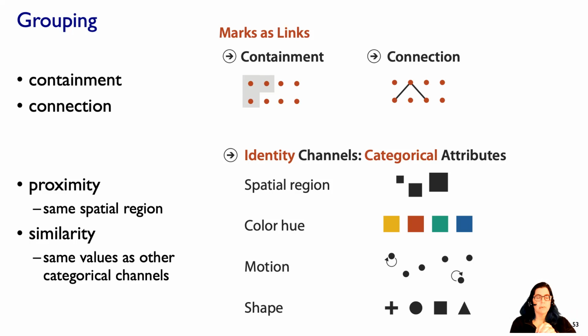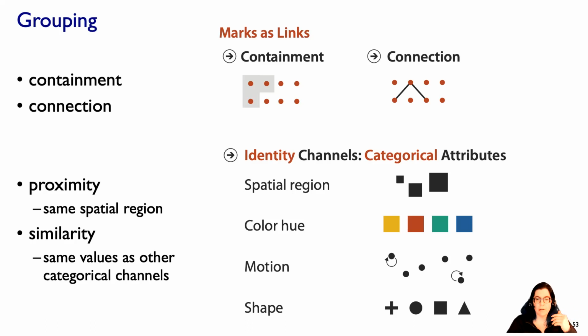Even without having marks as links, we could perceive marks that represent items to be grouped together according to some sort of similarity in any of the categorical attributes. A really important one that has a lot of perceptual weight is proximity. If things are in the same spatial region as each other, we tend to really strongly perceive them as being grouped together.